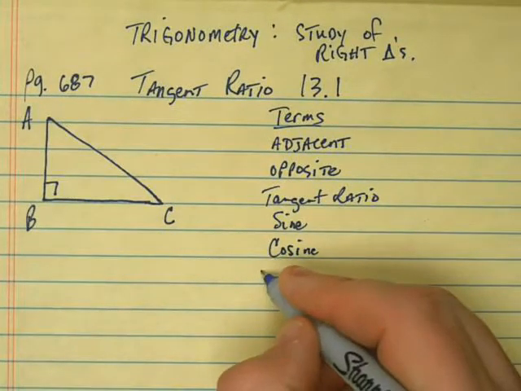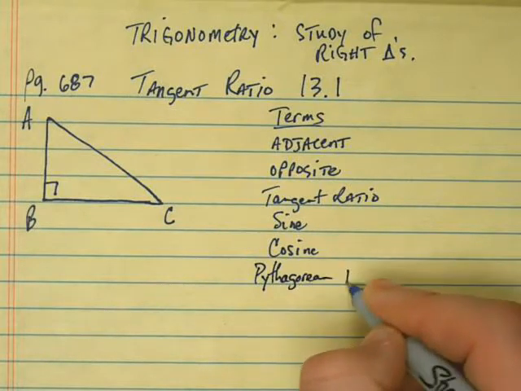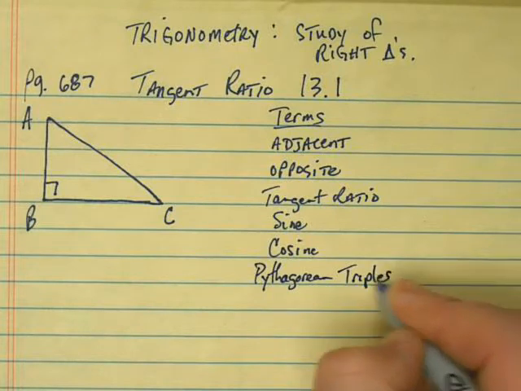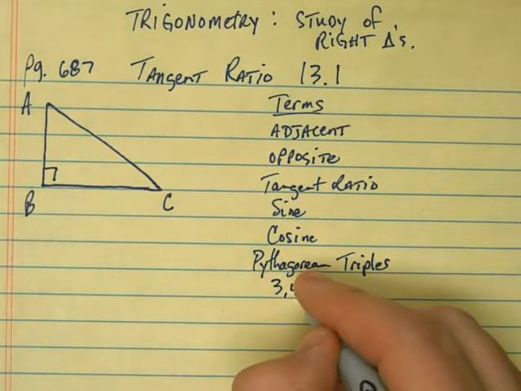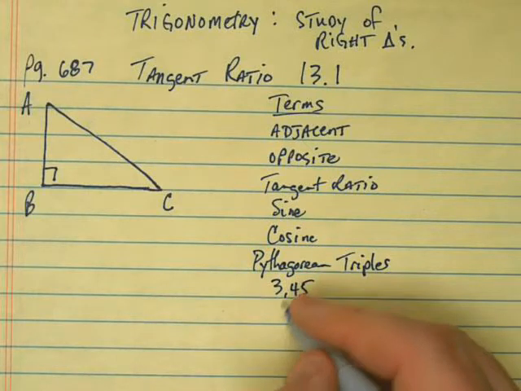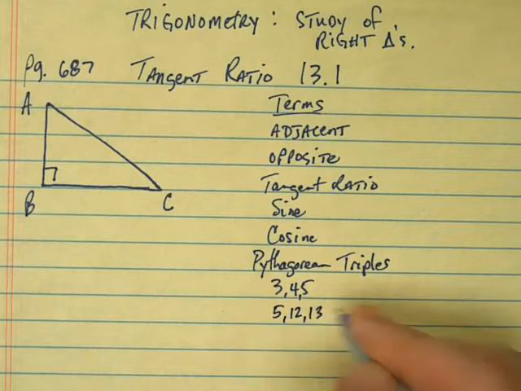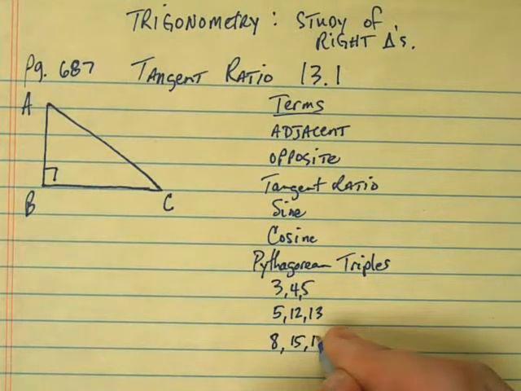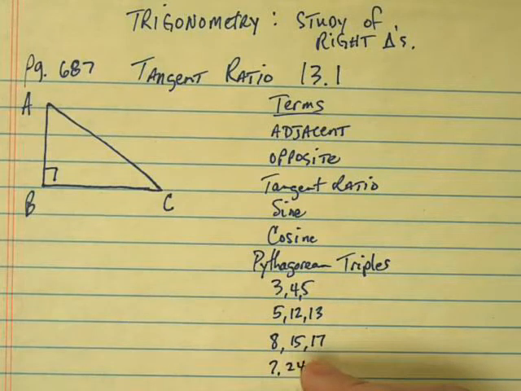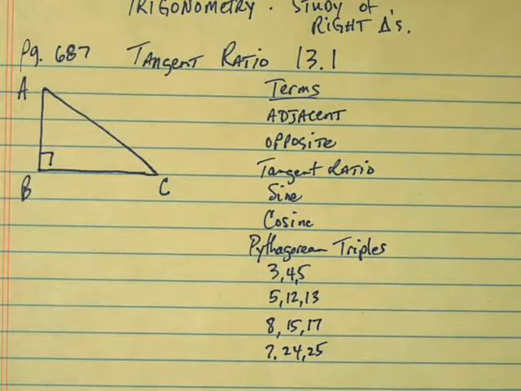I think we've already discussed these, but we will discuss them again. Pythagorean triples. The most common are 3, 4, 5; 5, 12, 13; 8, 15, 17; 7, 24, 25. Those are the most common triples, and then any multiples of those.